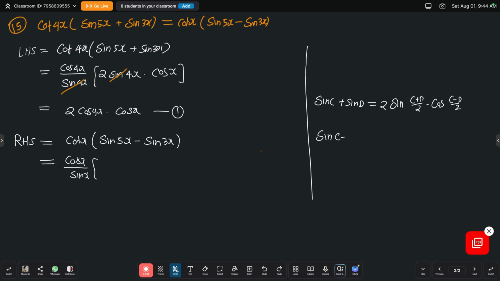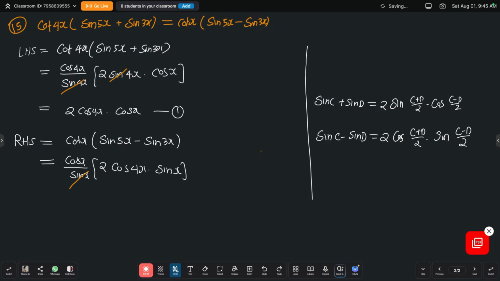Recall, sin C minus sin D is 2 cos (C plus D) by 2 into sin (C minus D) by 2. Apply here: C plus D means 5x plus 3x, 8x upon 2 is 4x, into sin (5 minus 3) 2x upon 2, half, x only.